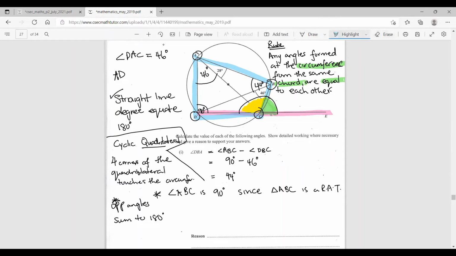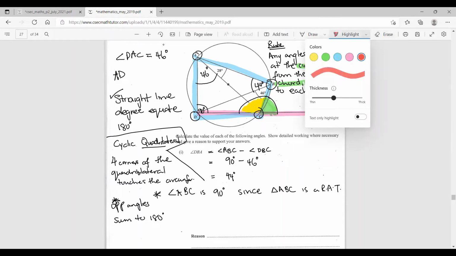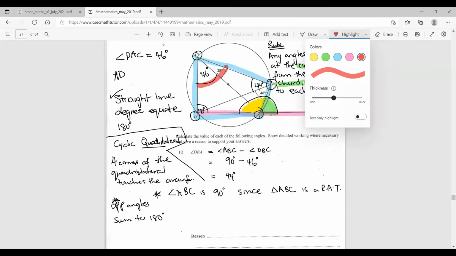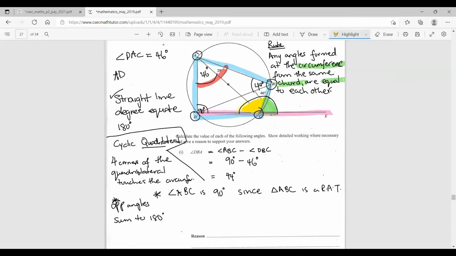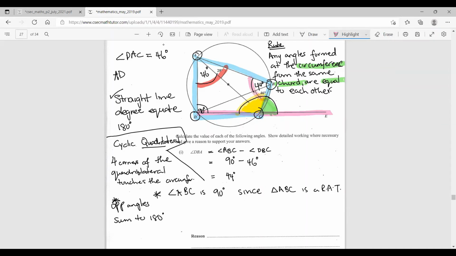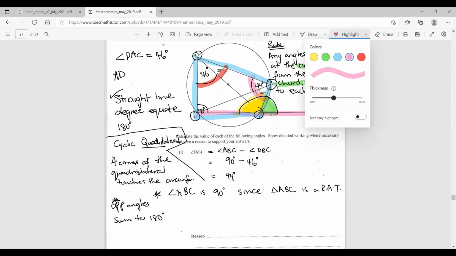Tell me the colors that are opposite to each other. I'm going to put red in this corner, and I'm going to leave the bottom as yellow, right? And then I'm going to put pink in this corner, and then I'm going to put green in this corner.